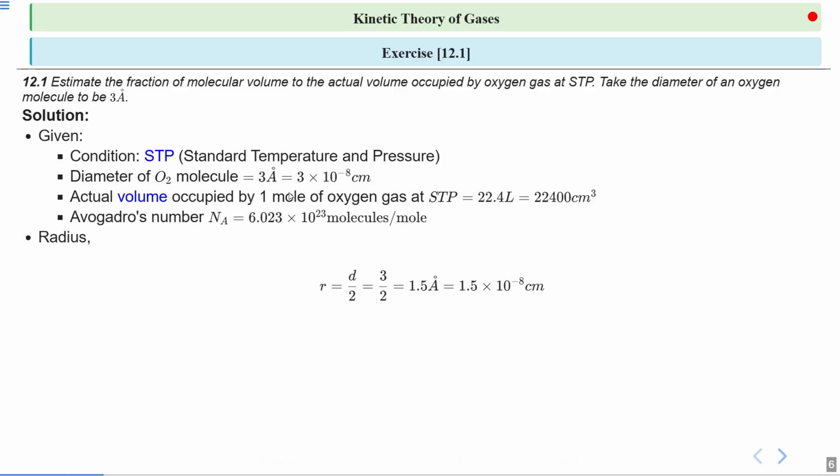Radius R equal to d by 2. So we know the value of d, 3 angstrom. So divide by 2, it will be 1.5 angstrom. 1.5 angstrom means 1.5 into 10 raised to the power minus 8 centimeter.